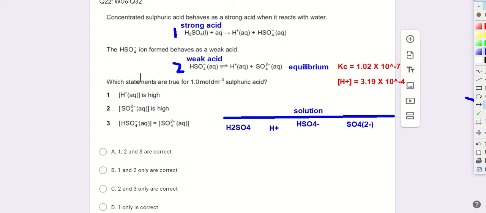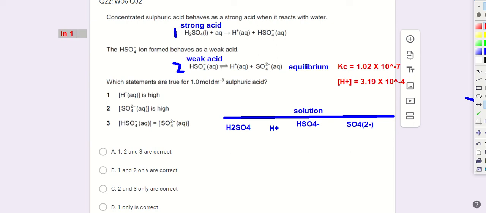Okay, so now, which statements are true for 1 mole per decimeter cube of sulfuric acid? So in 1 decimeter cube, there's 1 mole of sulfuric acid. So let's just assume all this solution is 1 decimeter cube. Okay, right?